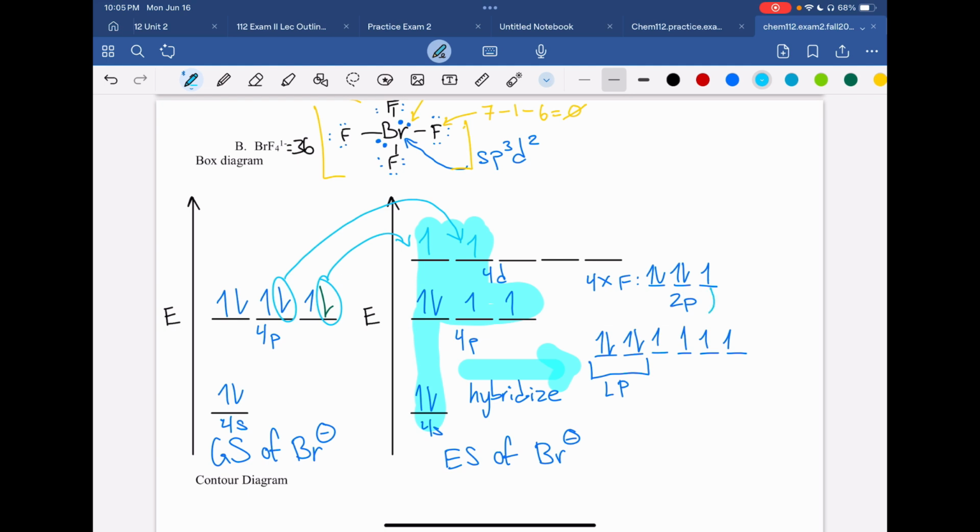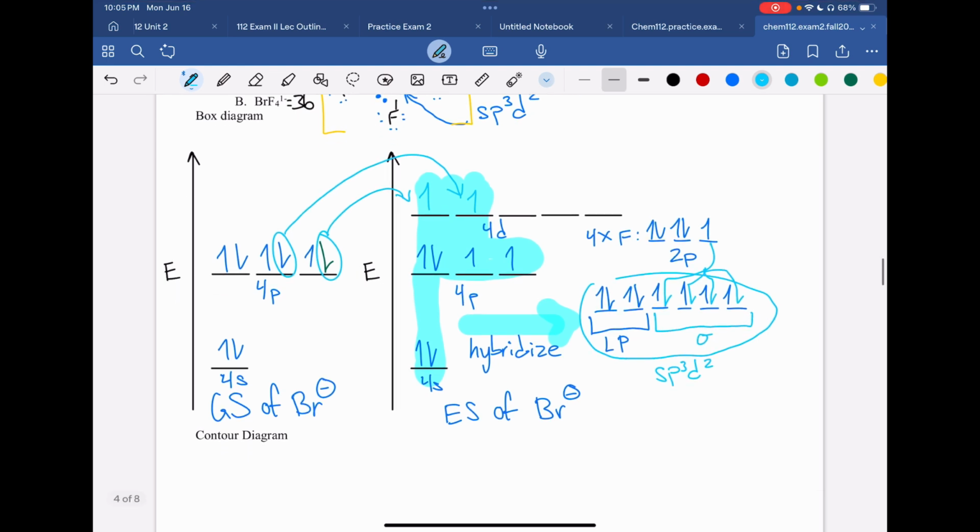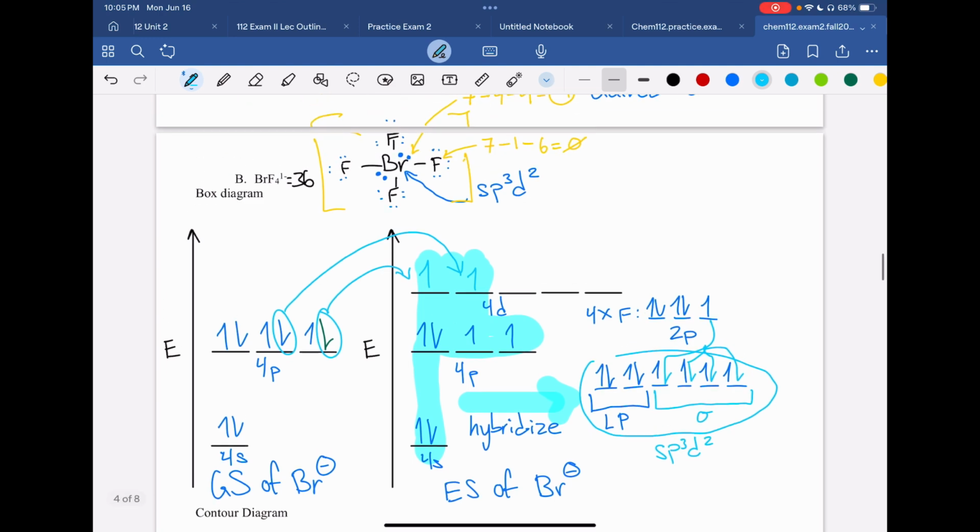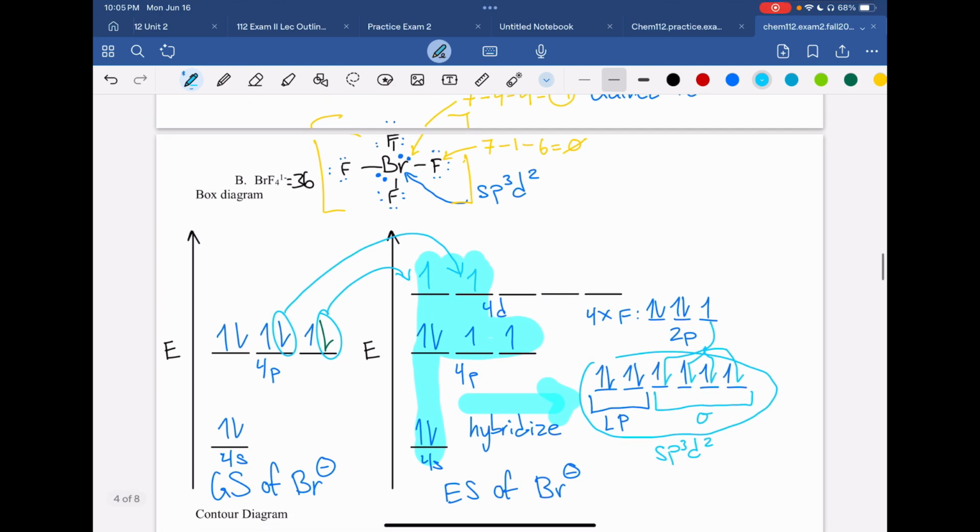This single unpaired electron will come and pair up. There you go. But this whole thing is the sp3d2 orbital. Even the lone pairs occupy that orbital, but these are your sigma bonds. Okay, so there you go. There's our contour diagram.